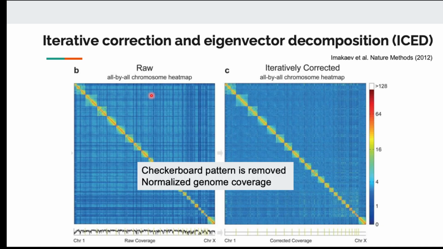And after correction, we will see less of the checkerboard pattern, like the off-diagonal here. The signal will be lower, so the strong signals are usually inside the chromosome. Each of these boxes is an individual chromosome. We get high interaction inside the chromosome because each chromosome is a single molecule.